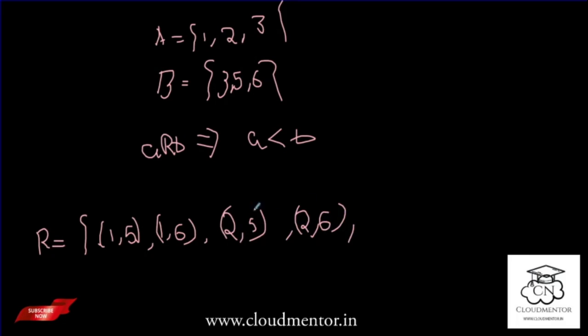And taking 3 we can write (3, 5) and also (3, 6). So this is the relation here.